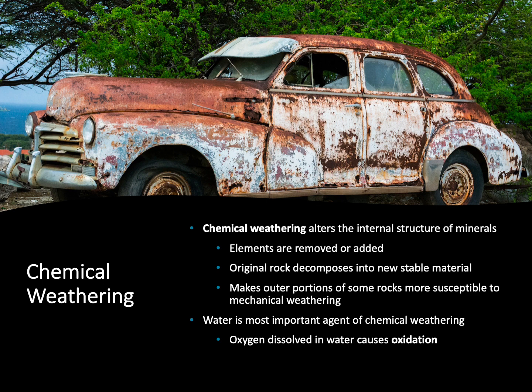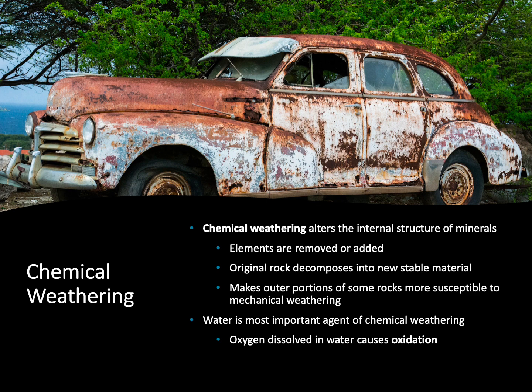And there are several different types of chemical weathering, but the main things that we're going to be concerned about is how chemical weathering works. And this is the type of weathering where it's actually going to alter the internal structure of the minerals. So with mechanical weathering, we were just breaking it down into smaller pieces. But with chemical weathering, we're actually going to alter the inside of these minerals by either adding something or removing something from that crystalline lattice.